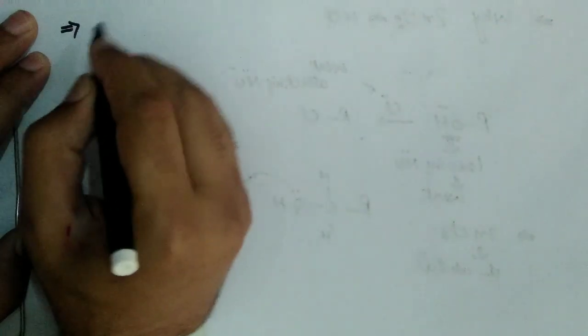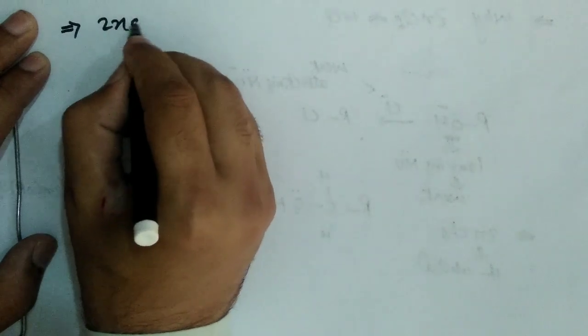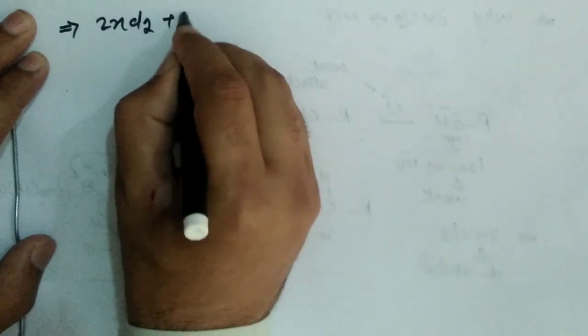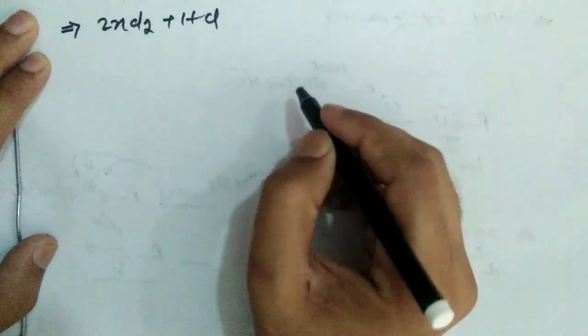Now I'm going to tell you why we use ZnCl2 with HCl.